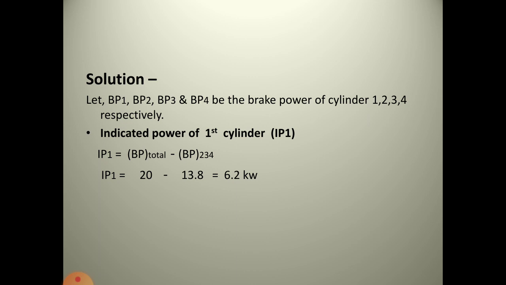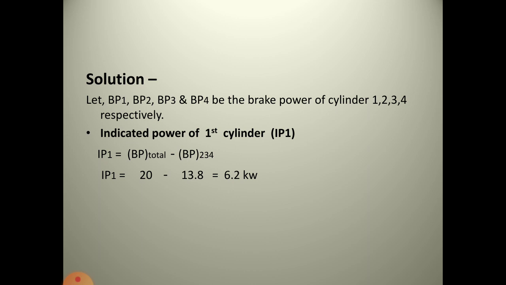IP1 is the indicated power of the first cylinder. When we cut off one cylinder out of the 4, the power produced by the remaining cylinders is considered as the brake power of cylinders 2, 3 and 4.